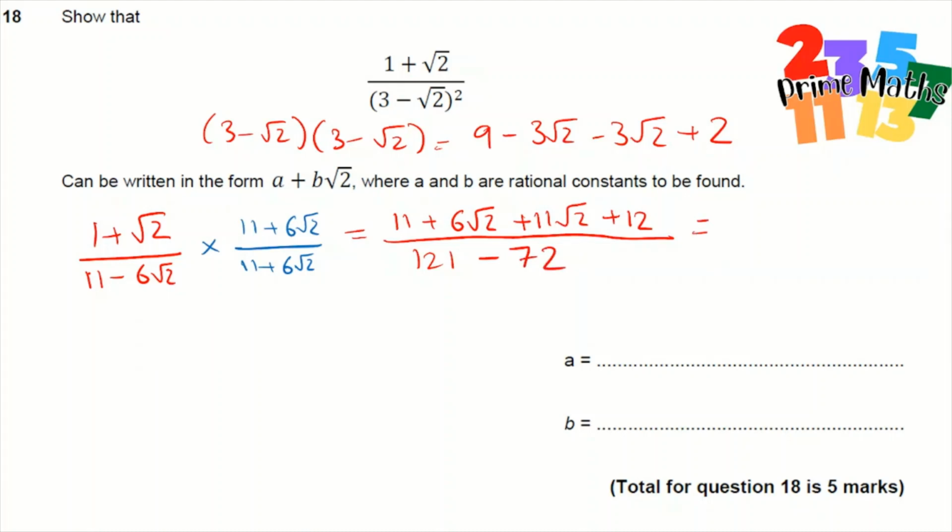Okay. This then simplifies to 23 plus 17 root 2 divided by 49. We want this to be in just the form a plus b root 2. This means that A is 23 over 49 and that B is 17 over 49.